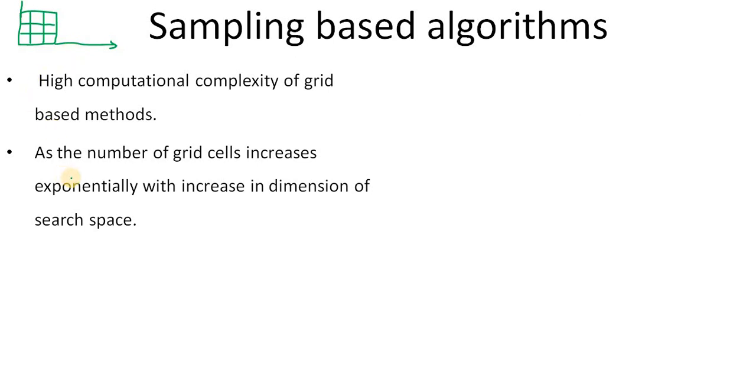So we have already discussed this point, that when the dimension of the search space increases, the grid cells increase exponentially.